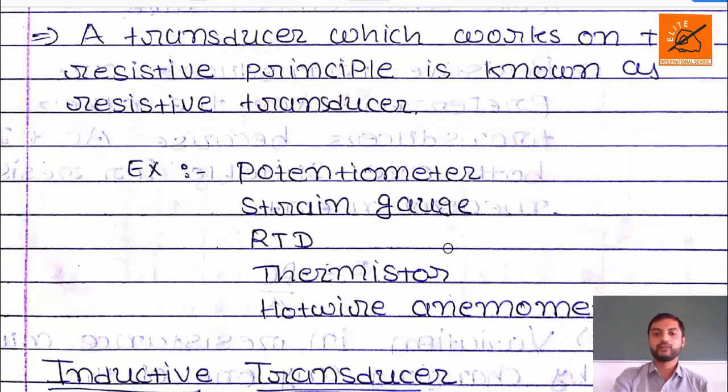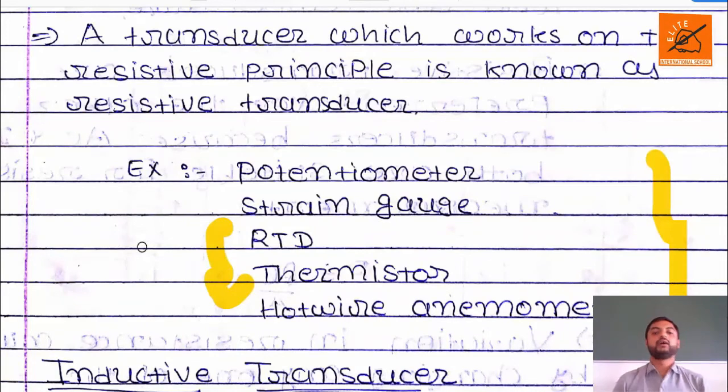Examples are potentiometer, strain gauge, RTD, thermistors, hot wire anemometer. In all these types of transducers, you have seen that these two are temperature transducers. We have seen earlier in this lecture only.